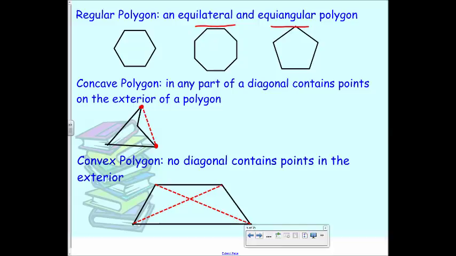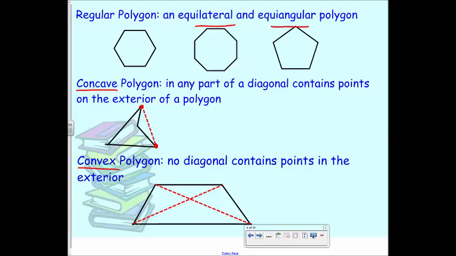So that means it's a concave polygon. Whereas down here, and in the one we just looked at, all of the diagonals are where? Inside, so it is a convex polygon. The way I remember it is when you draw this diagonal, it kind of makes a cave. That's the only way I know how to remember it. So that would be a concave polygon.